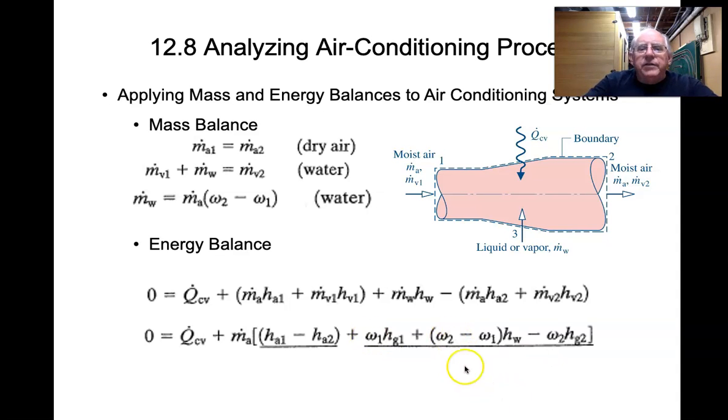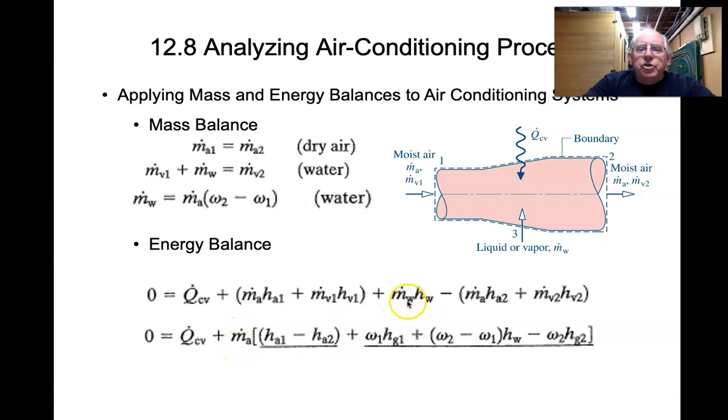And so that's how this h_g shows up. It's due to a substitution for here, and this h_g is the substitution for this case. Again, the omega 2 shows up because this is equal to omega 2 times m dot A, just like this omega 1 is equal to this term here times m dot A.